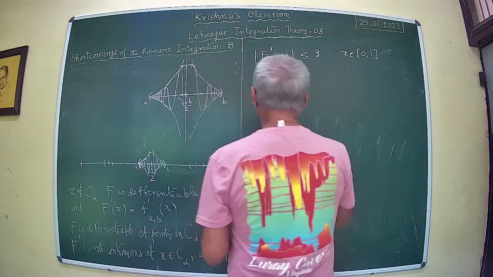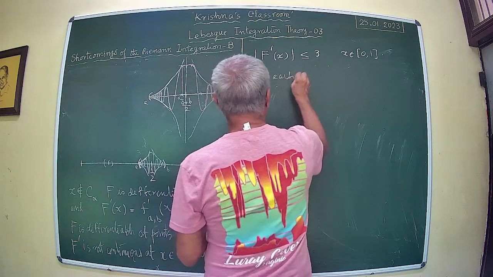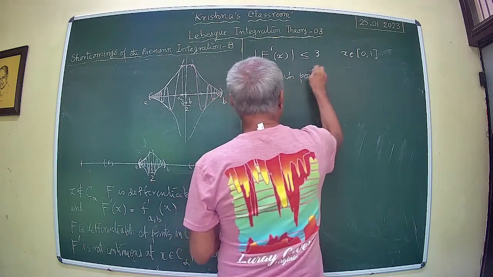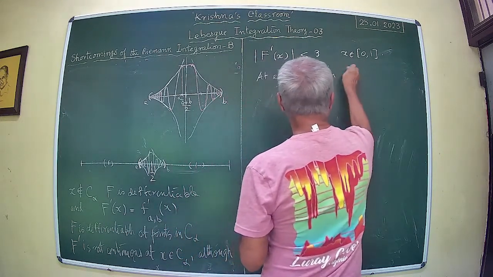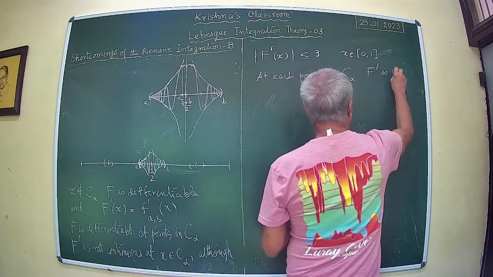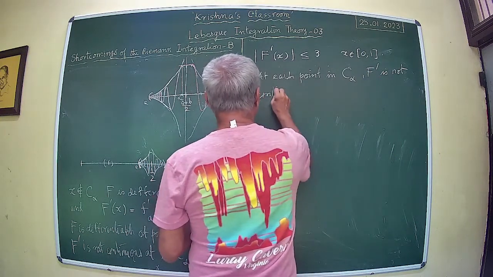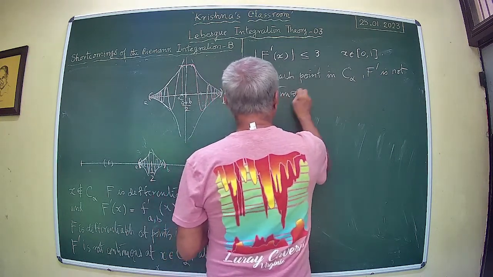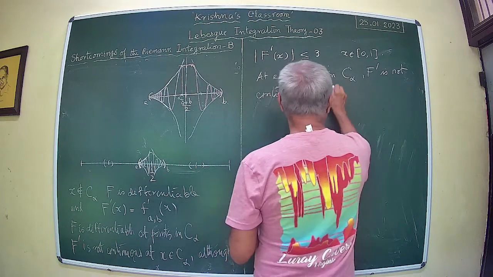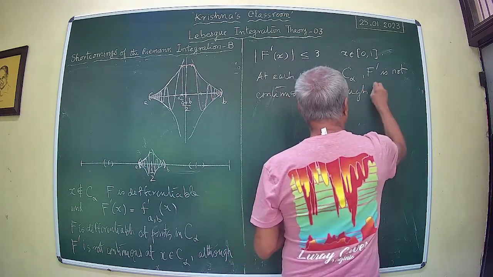But we know that at each point in C alpha, it is not continuous. Although it is bounded.